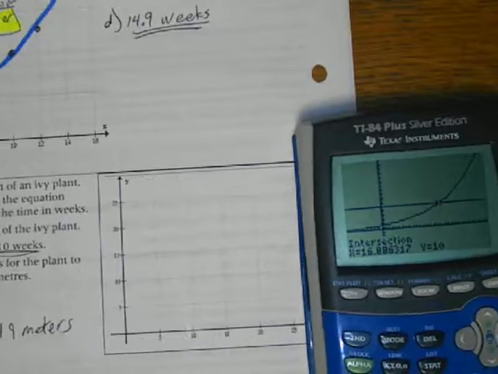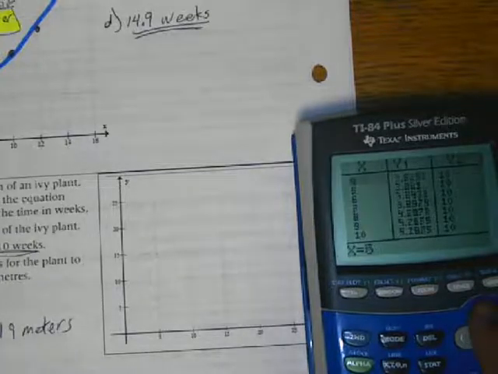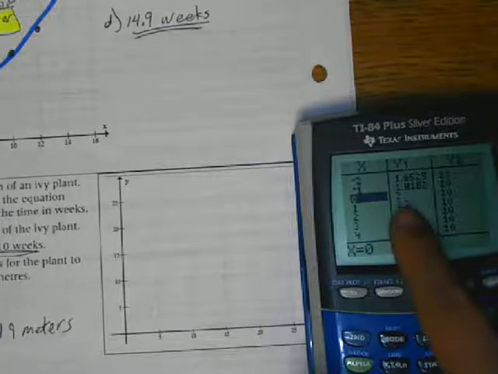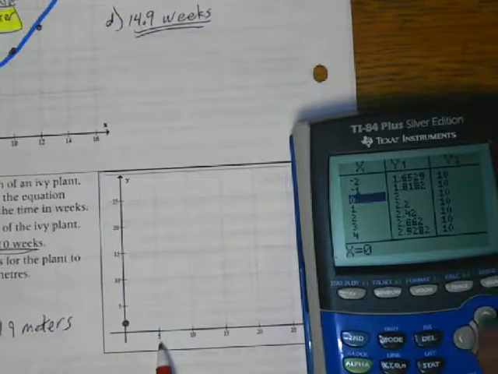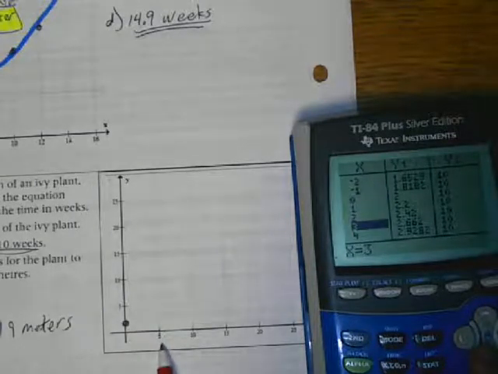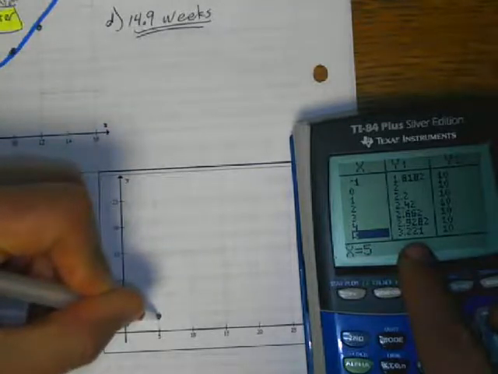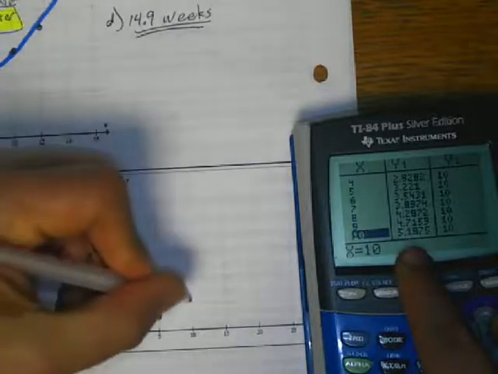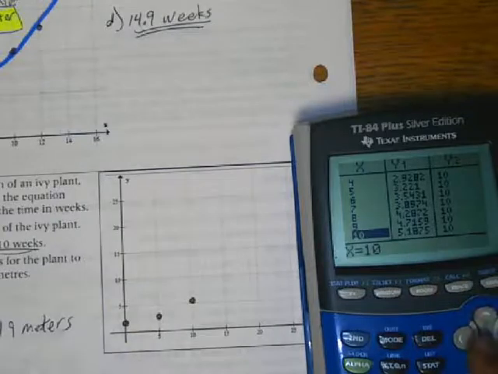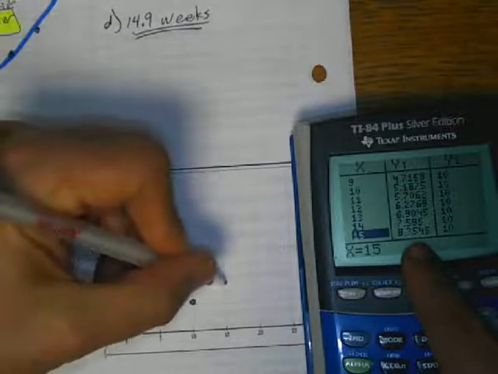Let's do our graph just so our notes are complete. So second graph. At time 0 we were at 2. At 5 weeks we were at 3.2. At 10 weeks we were at 5.1 something. At 15 weeks we were at 8 point something.